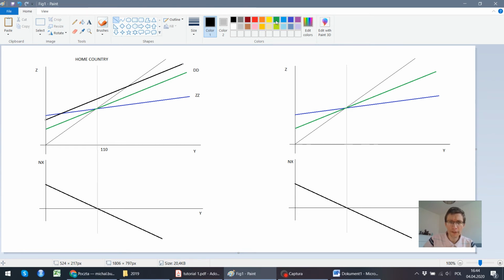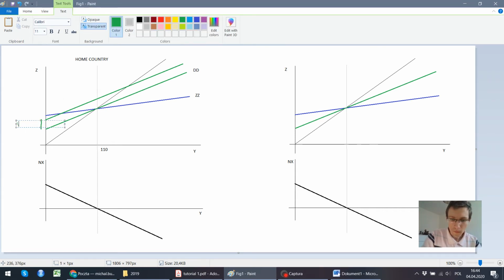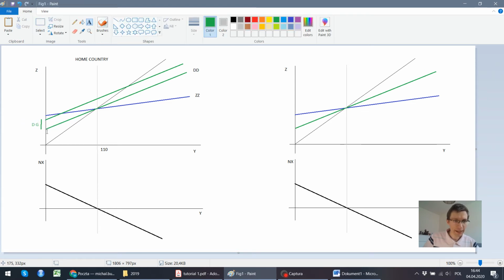Okay, so what we observe is an increase in the DD curve, and this increase would be equal to delta G. So I'll put it like DG. Okay, I don't have my math fonts here, so I'll put it as equal to delta G. All right. So the difference between the two curves is exactly equal to delta G.